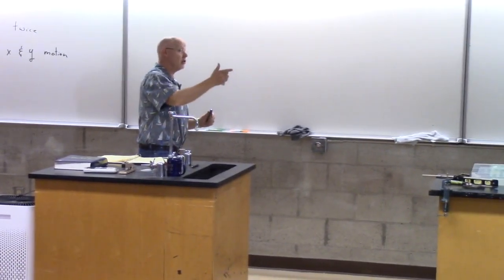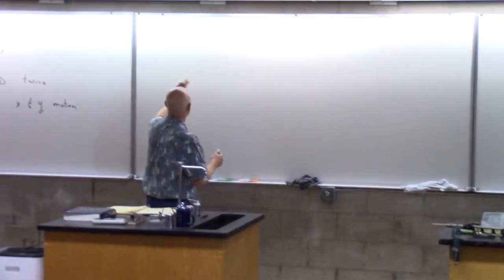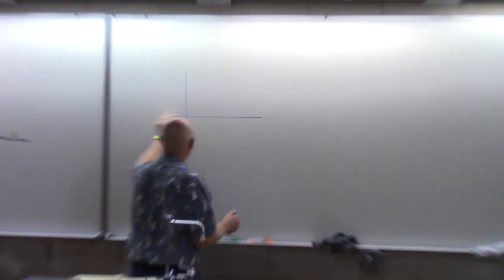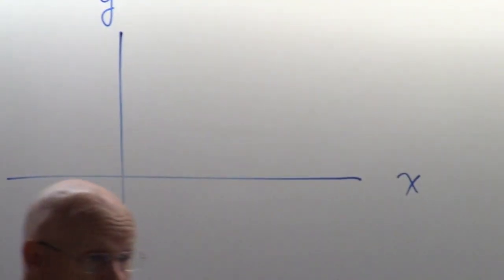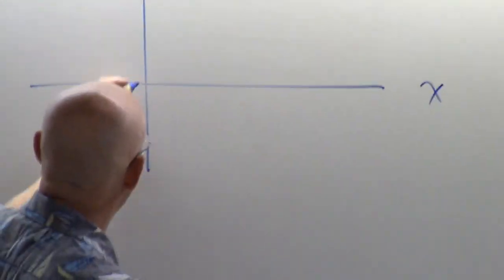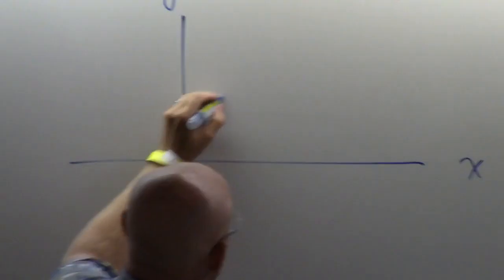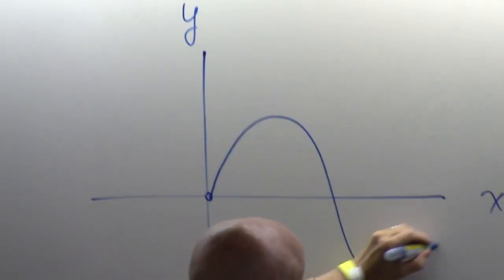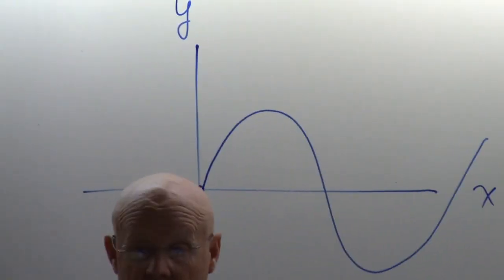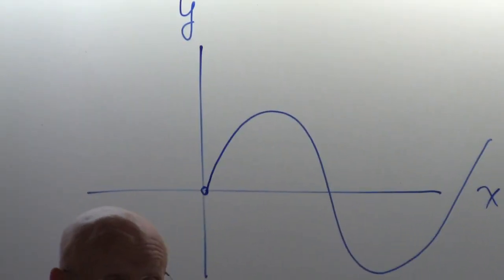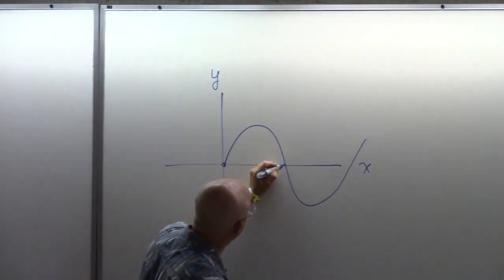Now, maybe that's better described by taking you back to your calculus class. If I had an x and y axis, and I had a function that looked like this, you might recognize it maybe as a sine curve right here.